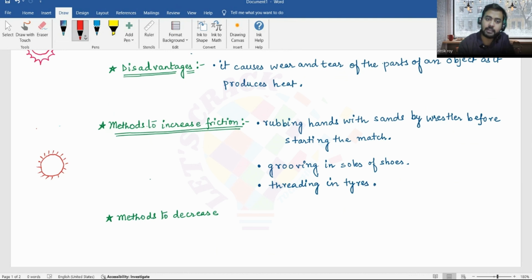Okay. Now the methods to decrease friction. The methods to decrease friction are: number one, by lubrication.